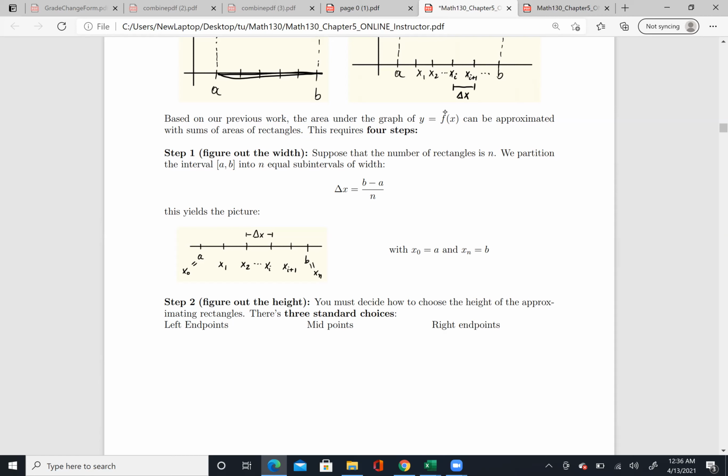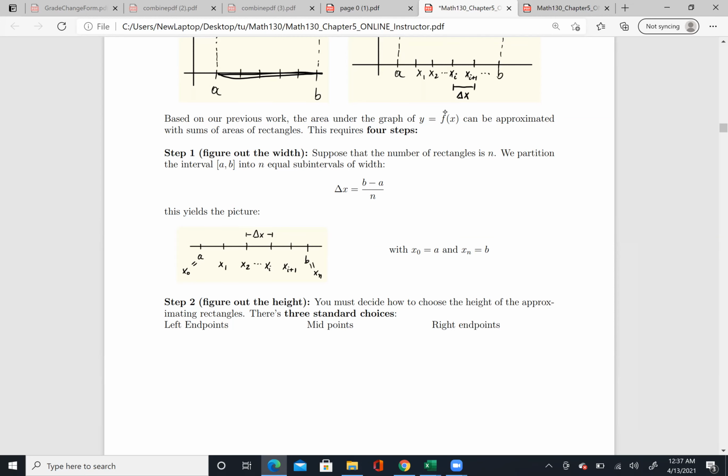Suppose the number of rectangles is N. We partition the interval A to B into N equal sub-intervals of width delta x, which is B minus A divided by N.